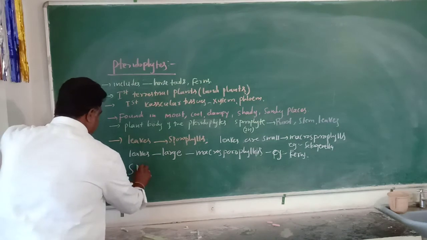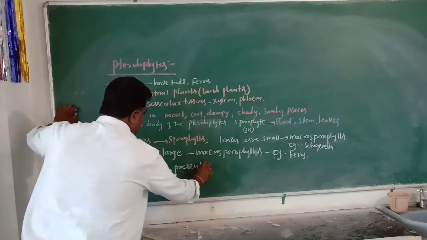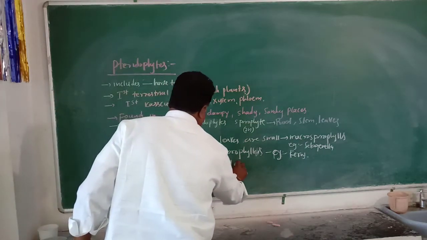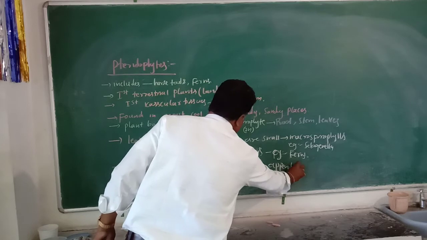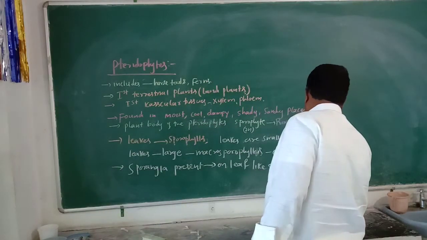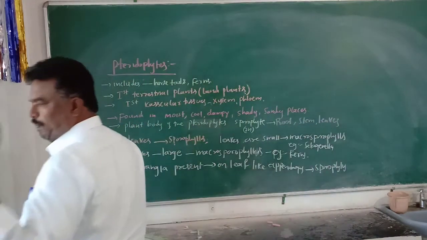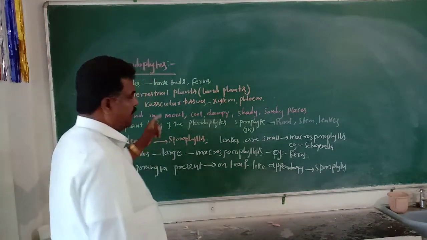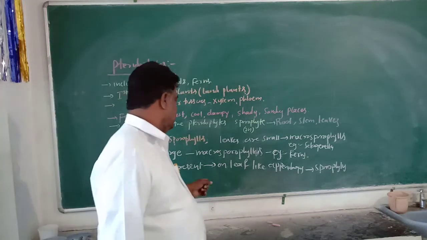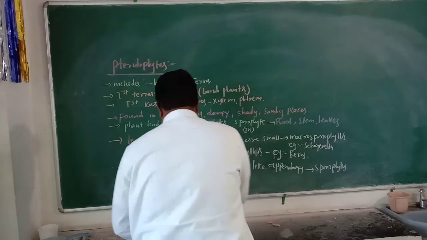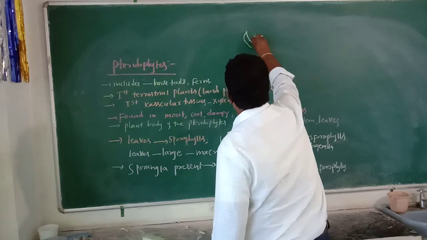Sporangia are present on leaf-like appendages, which are called sporophylls.